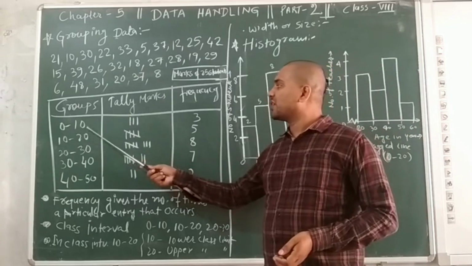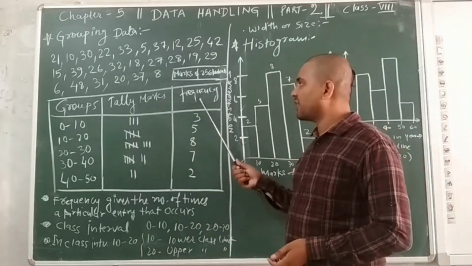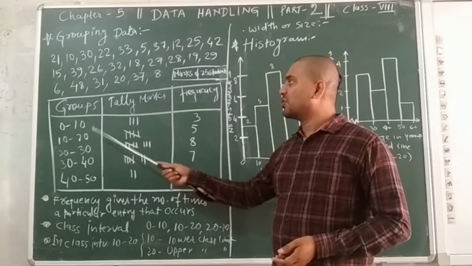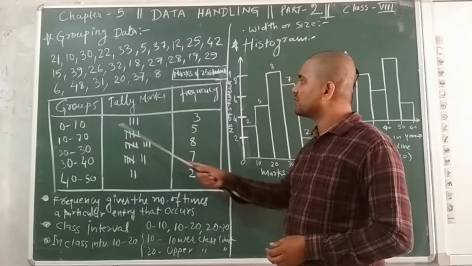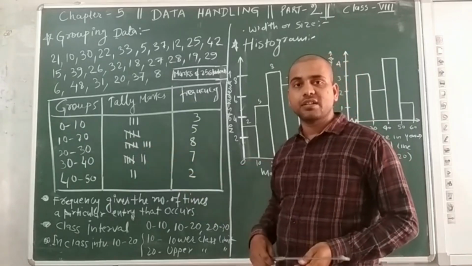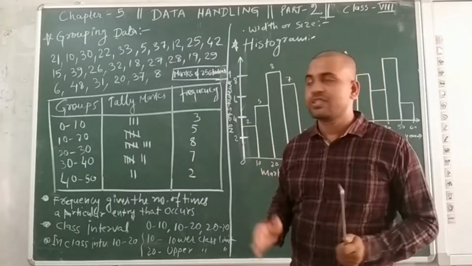So for 0 to 10 we have to find how many students there are, that is, what is the frequency of 0 to 10: how many students have scored marks between 0 and 10.